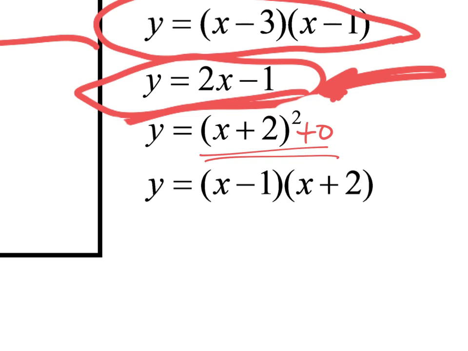But this is the only one that qualifies under two forms. Did somebody else think it was a different form? Yes, sir. And you are also correct. It's vertex form and it's factored form at the same time. It's kind of a trick question. Why? Because if you broke it up into its two parts, it's x plus 2 and x plus 2. So that's factored form and it's vertex form. This is the only one that I would call a double. It fits into both categories.